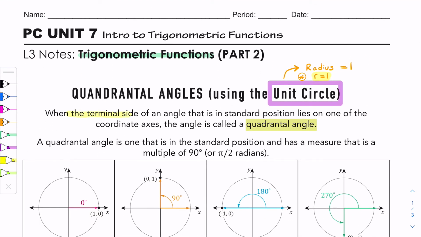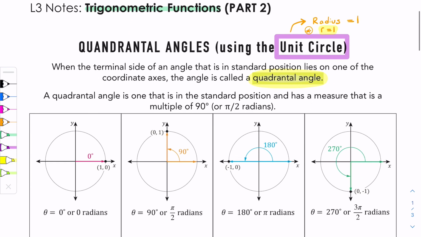So when the terminal side of an angle that is in standard position lies on one of the coordinate axes, the angle is called the quadrantal angle. A quadrantal angle is one that is in standard position and has a measure that is a multiple of 90 or pi over 2 radians.